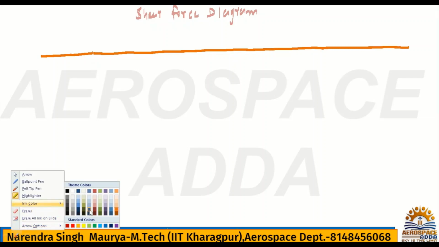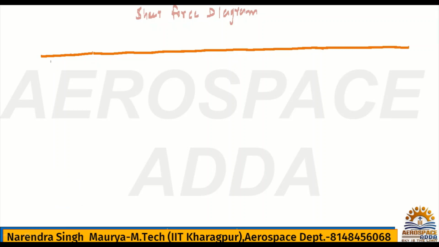Okay, and then you extend. This is RA, and somewhere here this is the point B, if I'm not wrong.